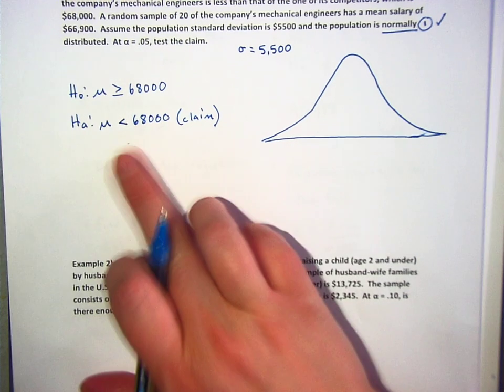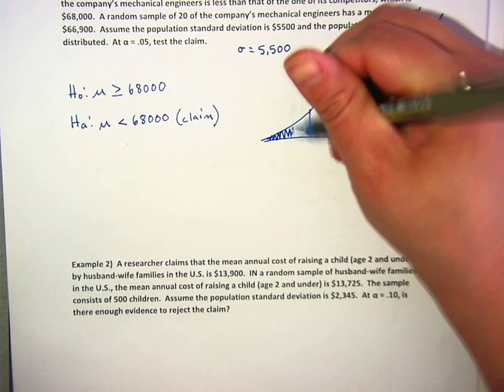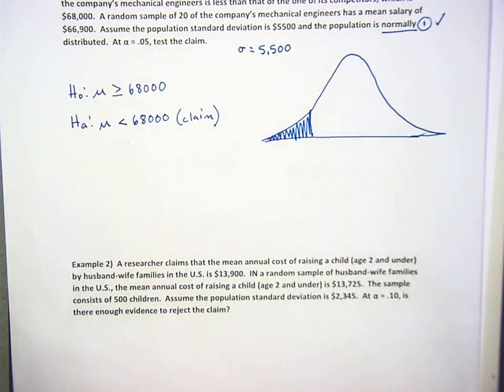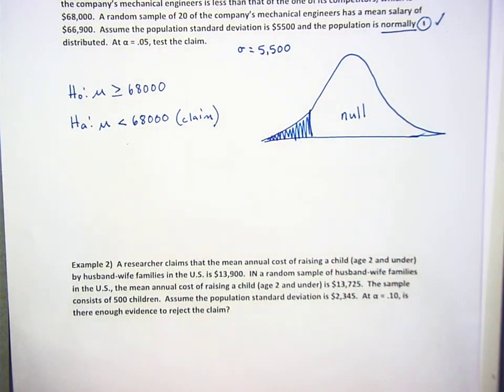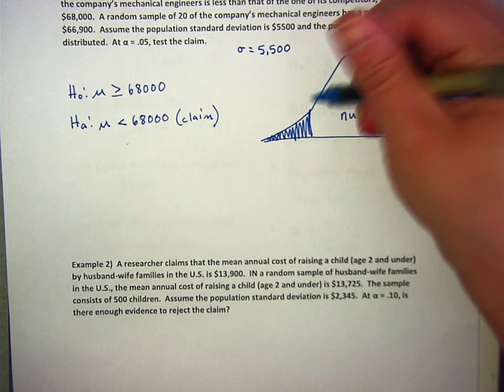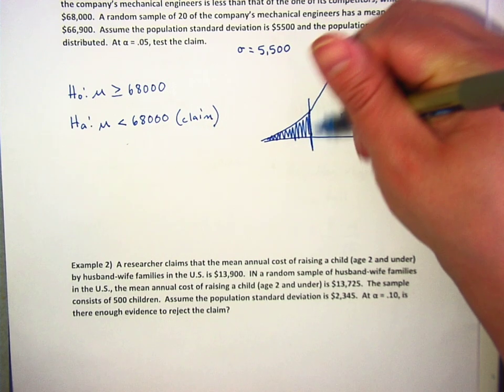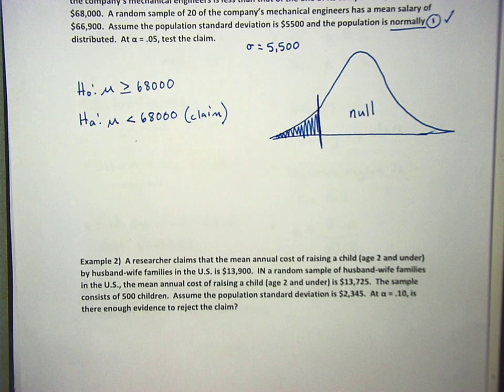And the alternative is less than, so that means it's over here. I'm going to write null over here. So it's always whatever the tail is, which is the alternative. All right, now the critical value is this value right here. And we're going to use A16, A17 to find that. So look at your A16, A17. There's extra copies over there if you need one. Or you could look in a book.